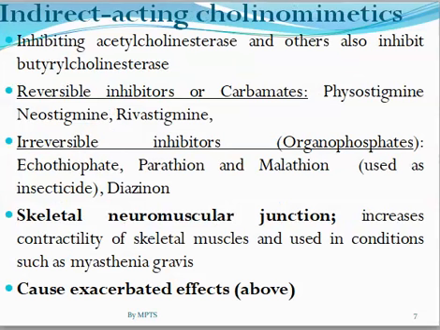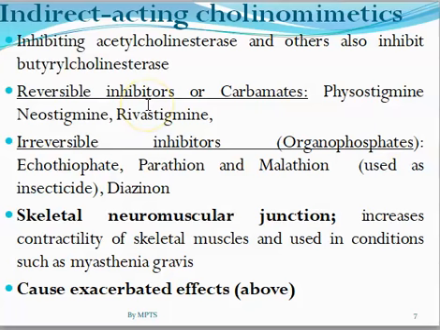Now, the indirect acting cholinomimetics inhibit acetylcholinesterase, the enzyme which breaks down acetylcholine. They can also inhibit the pseudo enzyme, butyryl cholinesterase.